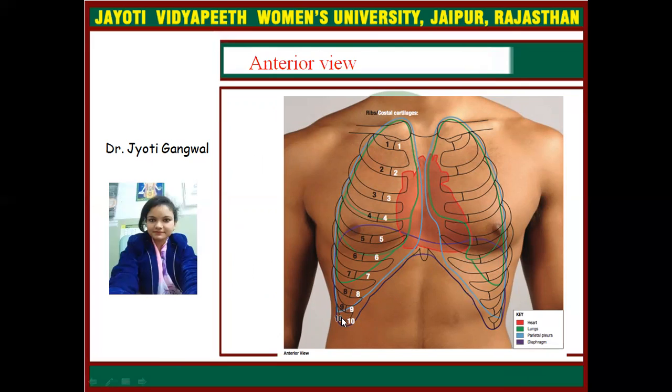It crosses the sixth rib in the mid-clavicular line, the eighth rib in the mid-axillary line, and the 10th rib at the lateral border of the erector spinae, and ends 2 cm lateral to the 10th thoracic spine.